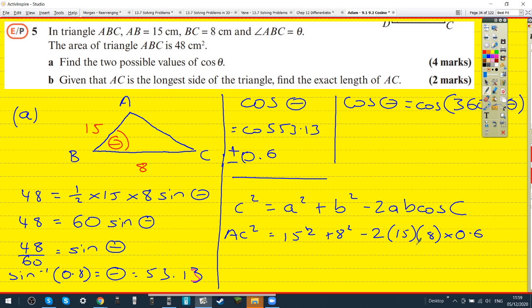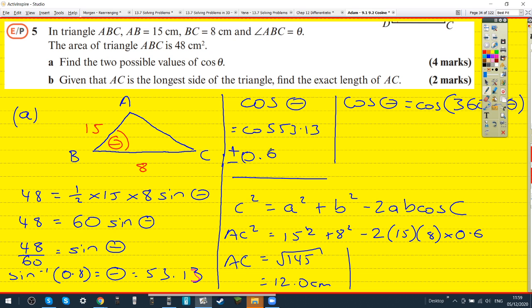C squared equals 145, and square root of 145 gives you 12.041, or just 12 centimeters.